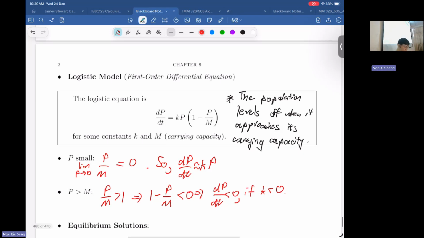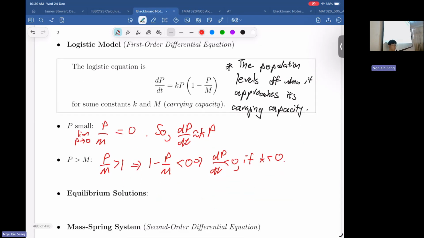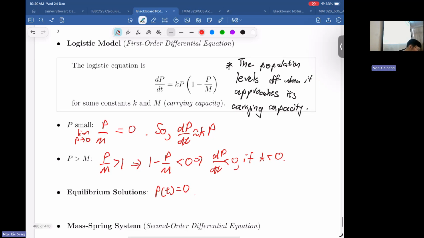All right. So the third thing we want to talk about is equilibrium solution. What does it mean by equilibrium solution here? There are actually two equilibrium solutions. One of them is P(t) equals 0, meaning there's nothing in your population, or your population already met the carrying capacity.